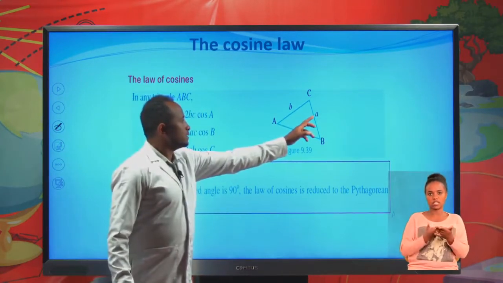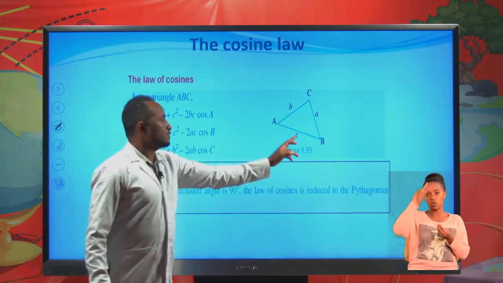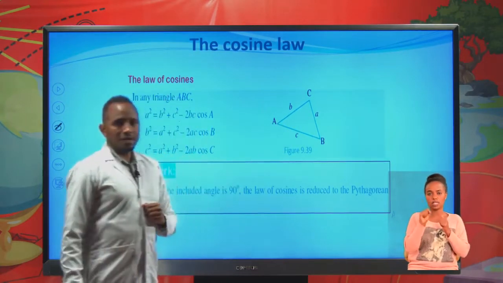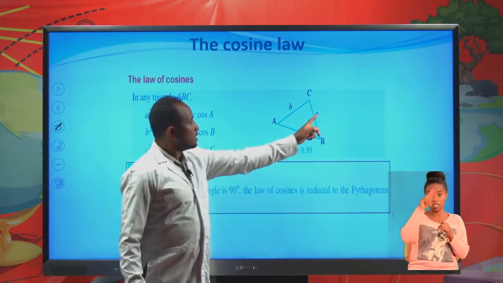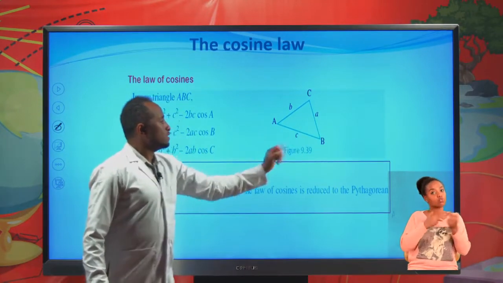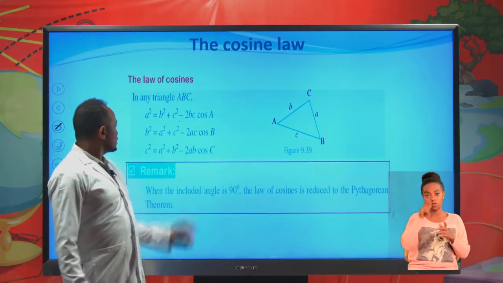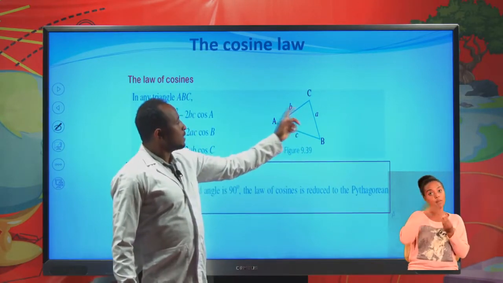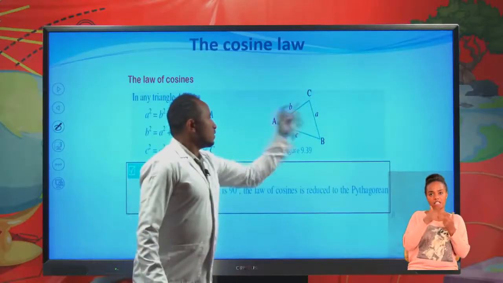A squared is equal to B squared plus C squared minus twice BC cosine of the corresponding angle A, cos A. Or if you are asked B squared, it is equal to A squared plus C squared minus twice AC cosine of this angle B. If you are asked to find C squared, it will be equal to A squared plus B squared minus twice AB times cosine of angle C.